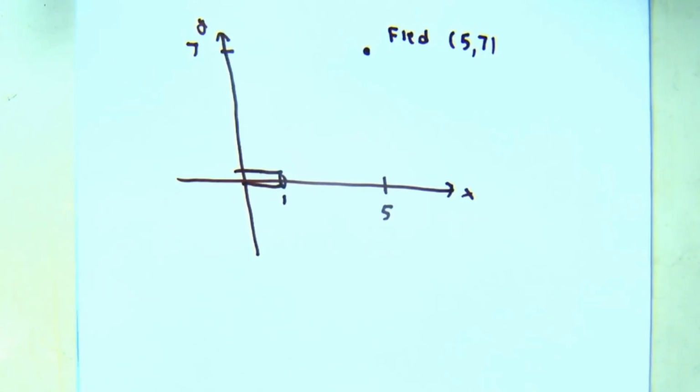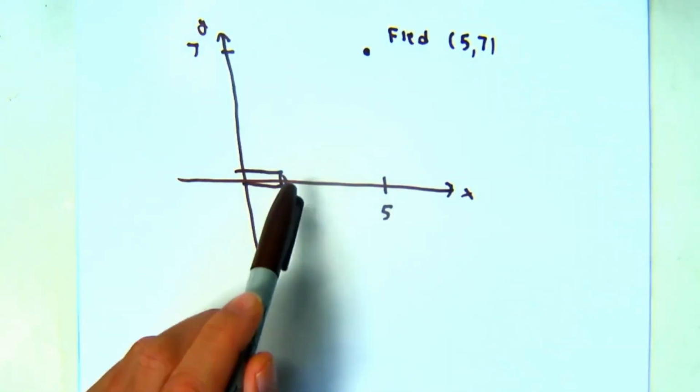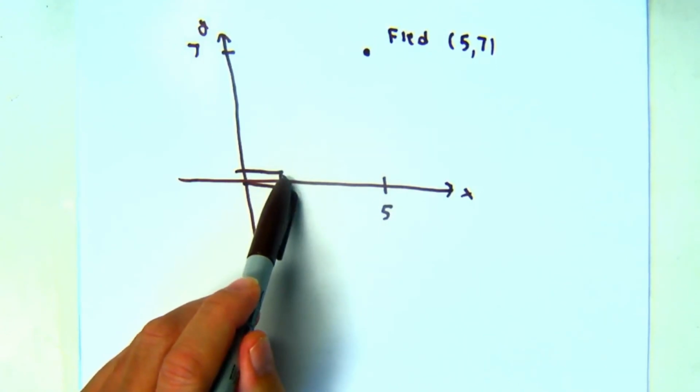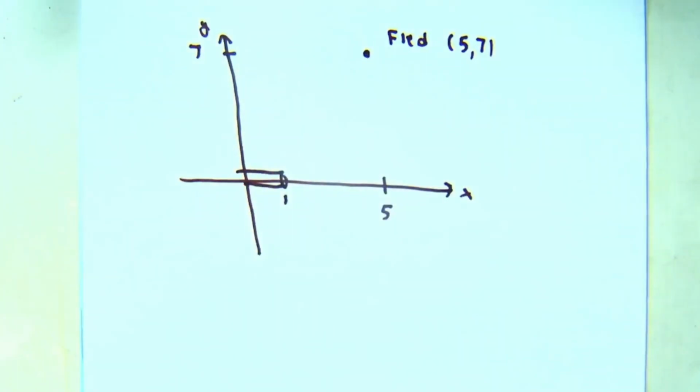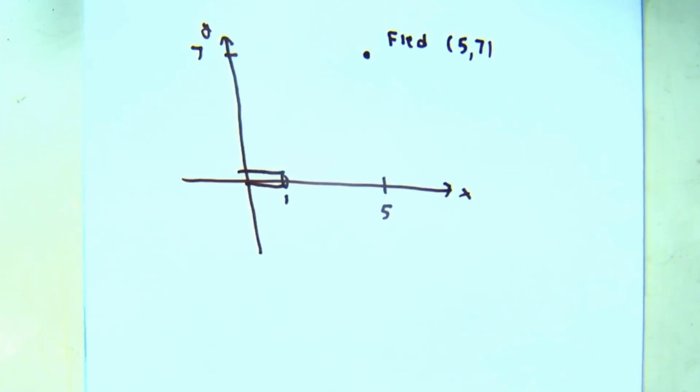Having slapped this metal rod into place, light has to be reflected from this point, travel to Fred's location, before Fred will perceive the right end of this rod. Assuming that the speed of light is 1, we can figure out how much time that's going to take.